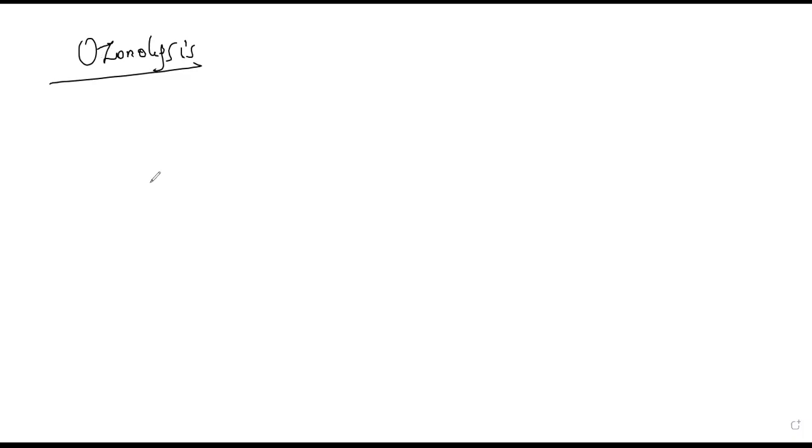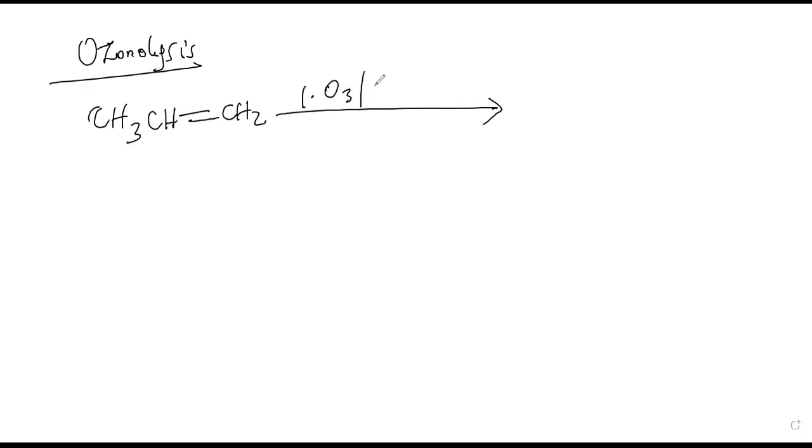So how do we use ozonolysis? We shall have CH3CH=CH2, first O3, tetrachloromethane, less than 20 degrees Celsius.